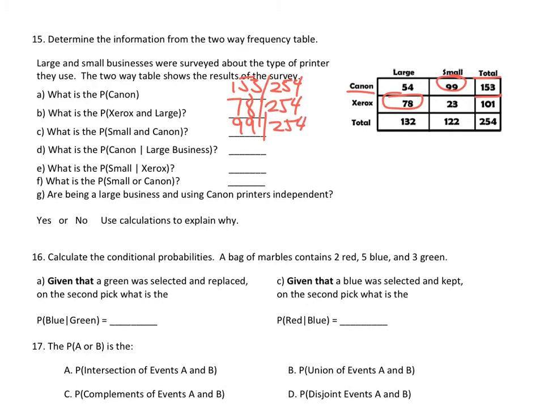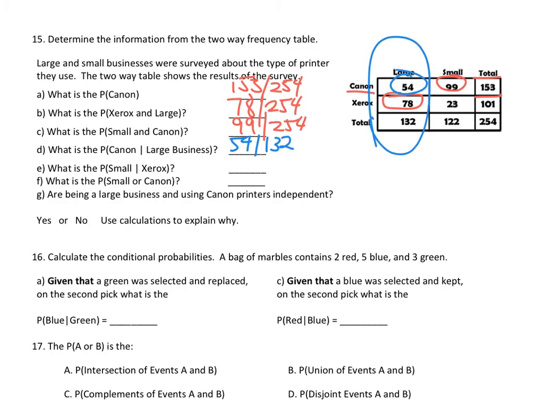What's the probability of a Canon given that it's a large business? So for this different problem, we're just going to look at the section of the large businesses. And we could see that in that section, 54 of the 132 large businesses have a Canon.